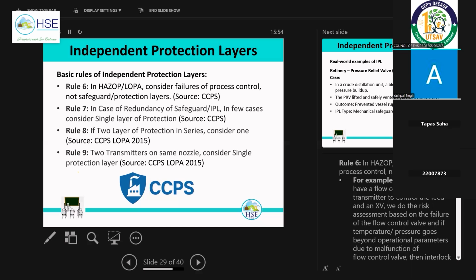And of course, in other deviations, not this deviation of flow control, we can consider that as a safeguard, a control like a protection layer. But suppose we are considering that the other B and C raw materials depend properly upon raw material A.